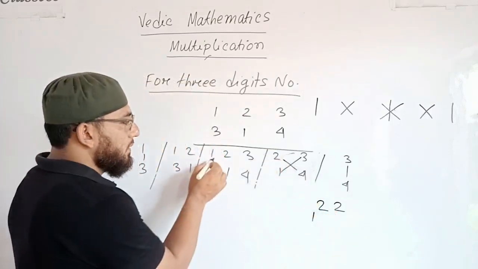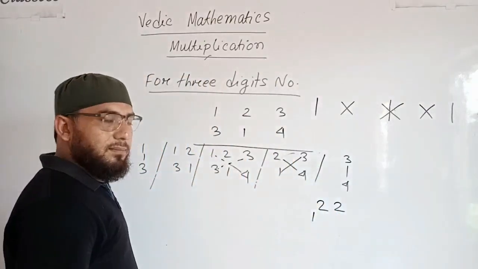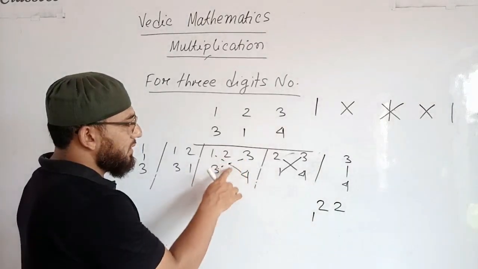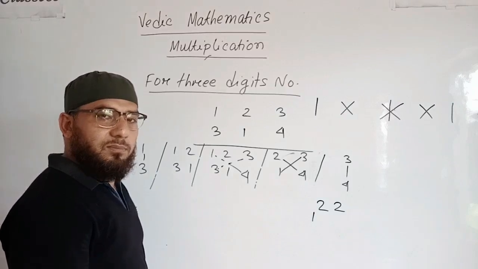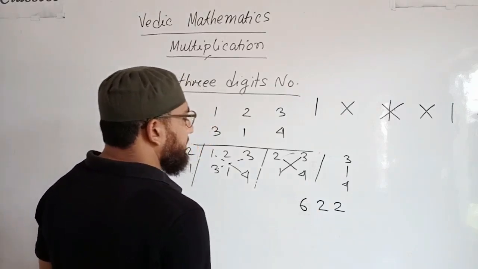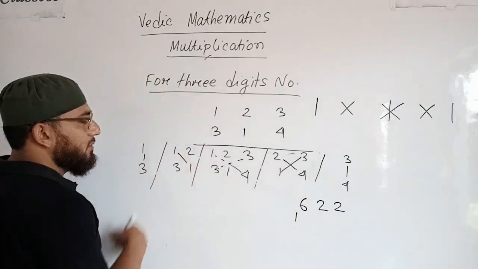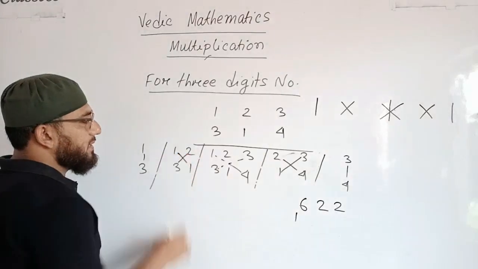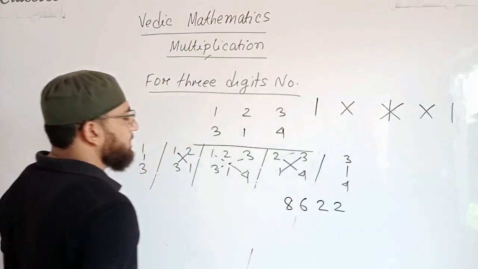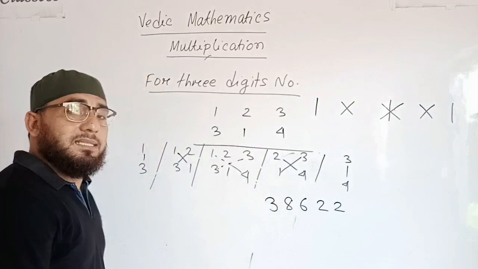Now here 4, 4 1s are 4, 3 3s are 9, 4 plus 9 is 13, 2 1s are 2, 13 plus 2, that is 15, carry is 1, so here will be 16. Now again carry 1. Now here 1 1s are 1, 1 plus 6, 7, carry is 1, so here will be 8, and the last one, 3 1s are 3. So this is the answer.